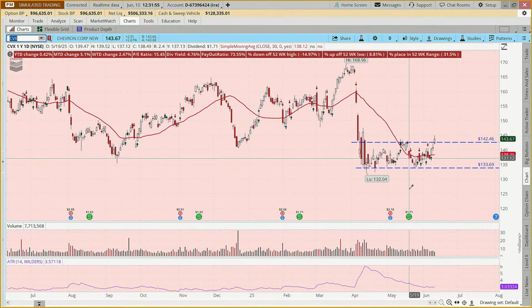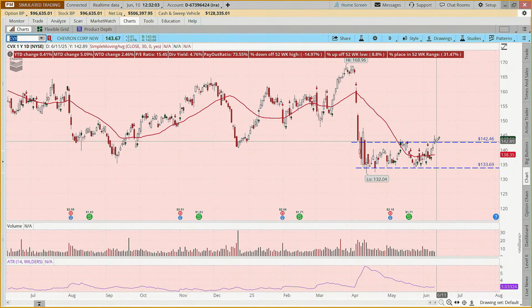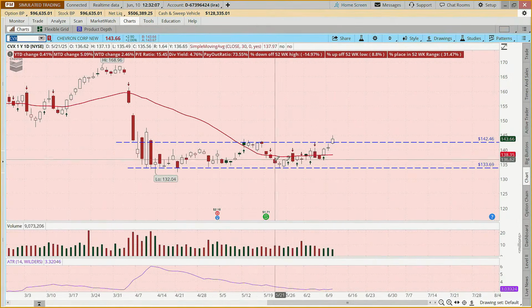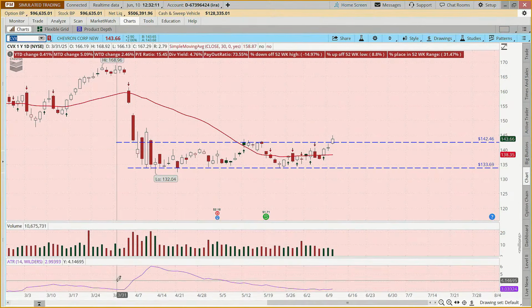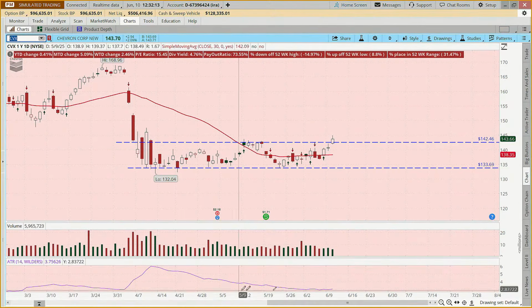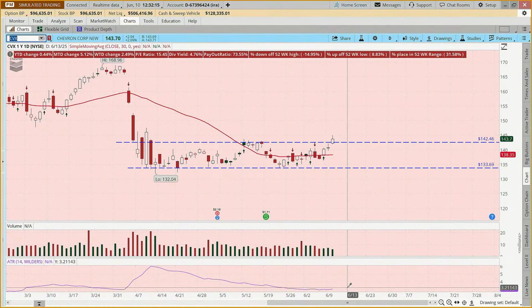So if you say, well, I'm not sure what's going to be happening a month from now, but it looks like it might go up for the next couple of days. And so if a trader wanted to do a short-term trade, they might use something like average true range as a way of establishing a target.